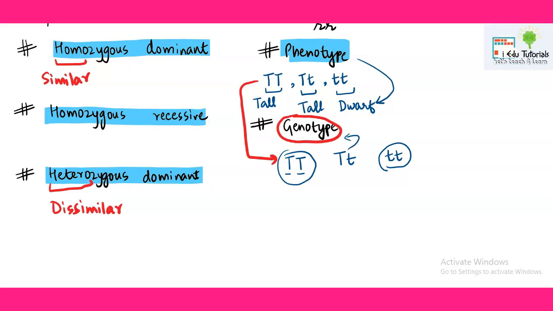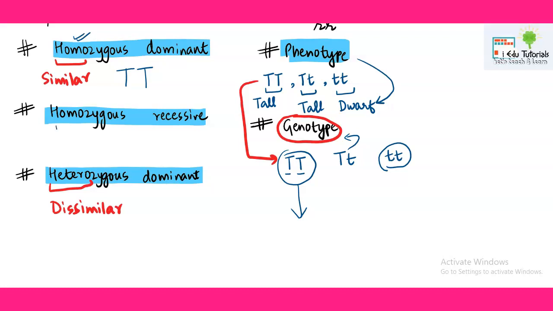So let's see homozygous dominant. If we are talking about the tallness of a plant, then the dominant allele is capital T. The word we have used as a prefix is homozygous, so the allele combination will be capital T, capital T. This individual is known as homozygous dominant because it has two similar alleles and those are dominant.